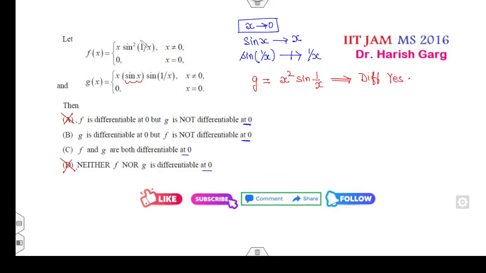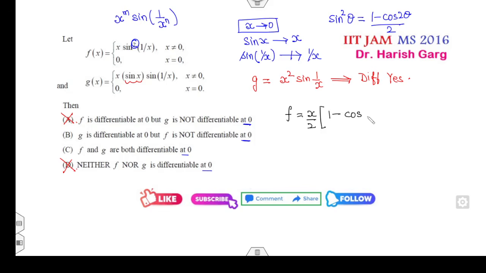Now look at f. My rule is for x raised to power m sine 1 over x raised to power n, but here it is x sine square. So I can use the formula for sine square theta, which is 1 minus cos 2 theta divided by 2. So f will be x over 2 outside, times 1 minus cos of 2 over x.